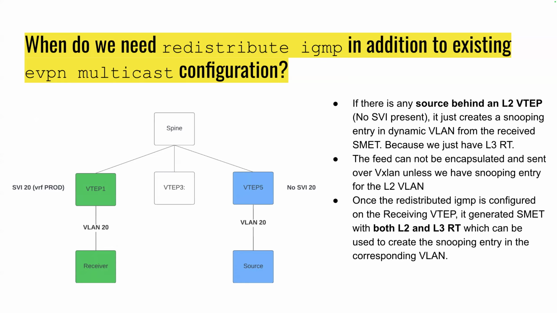If it is pure OISM, where in all the scenarios the senders and receivers are in different VLANs, then we do not need the L2 RT at all. But in SPMSA, by default, we generate it with both L2 and L3 route targets. But in SMET, it is in our control, and we have to configure it if we want to send both L2 and L3 route targets.